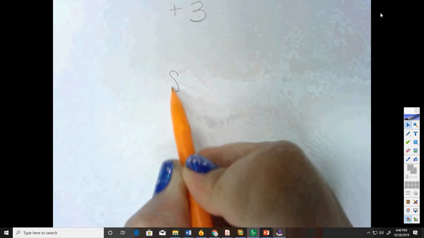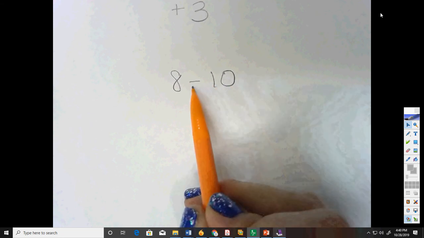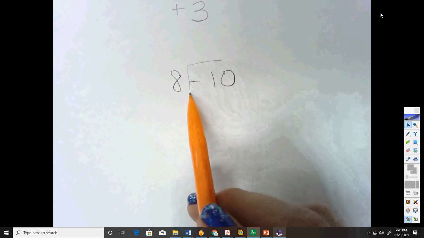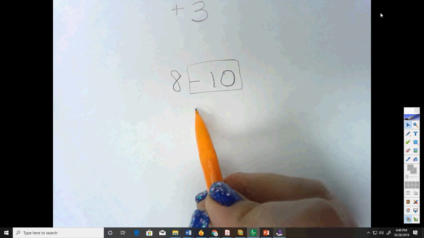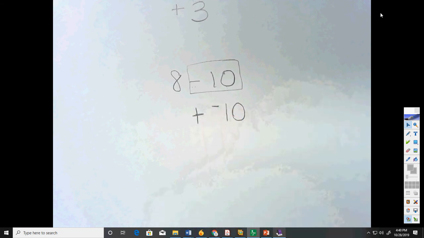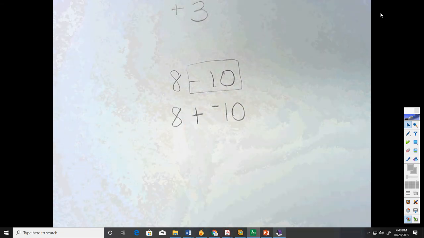So for instance, if I had 8 minus 10, I see that it's a subtraction sign, and I know that I could rewrite subtracting 10 as adding a -10. Those are equivalent. We still have the 8 out here in front.